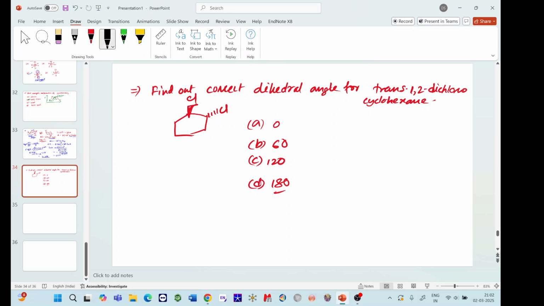Let's draw the structure. 60, yeah, it is right. So carbons 1, 2, 3, 4, 5, and 6. So one is on the top, and the other is on the bottom. But I know this is not stable because of the diaxial interactions in this conformation. So you have to flip it.